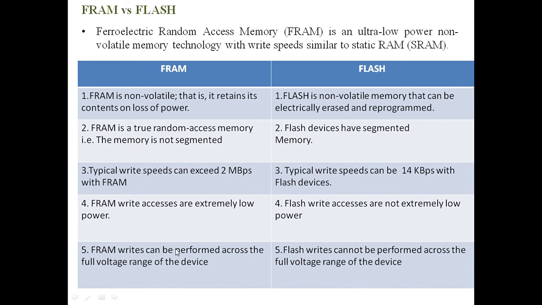Similarly, FRAM writes can be performed across the full voltage range of the devices, whereas flash cannot perform write access across the full voltage range. So in most devices we are using ferroelectric random access memory, which is preferable when compared with flash memories. It is an ultra low power non-volatile technology with write speed of more than 2 Mbps.